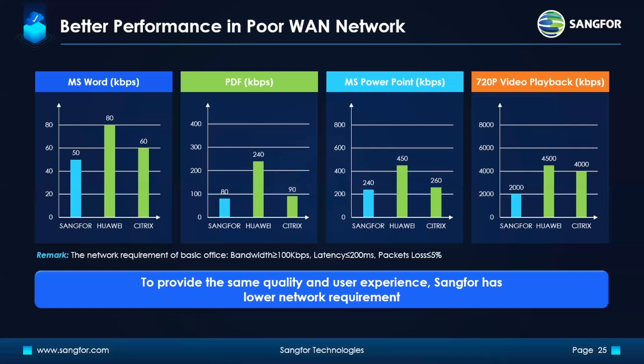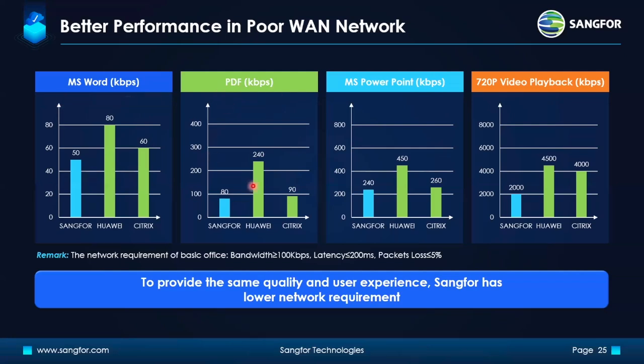We tested multiple applications like MS Word, PDF, and Microsoft PowerPoint. You can see here we have 50 kbps, and other technologies like Huawei and Citrix consume more bandwidth while working on MS Word.